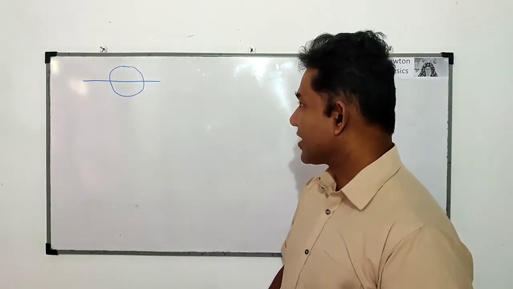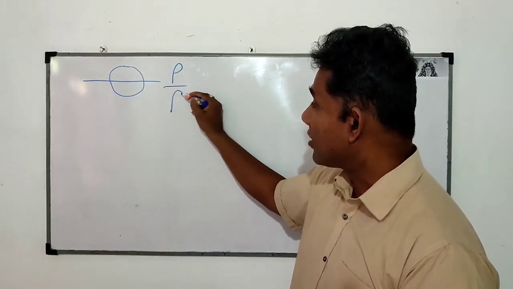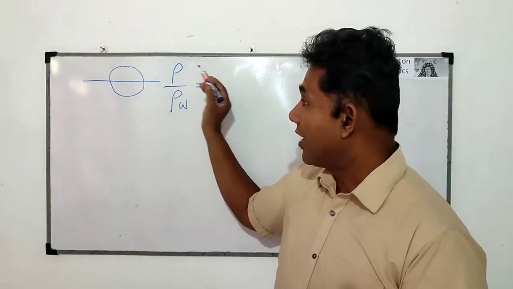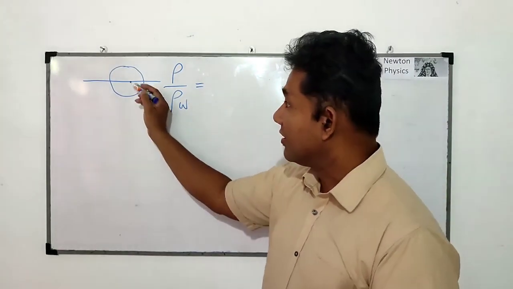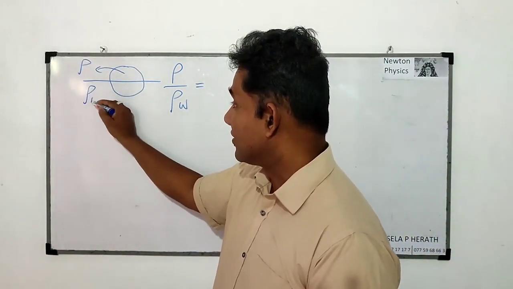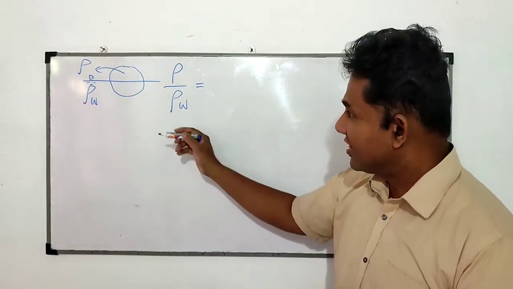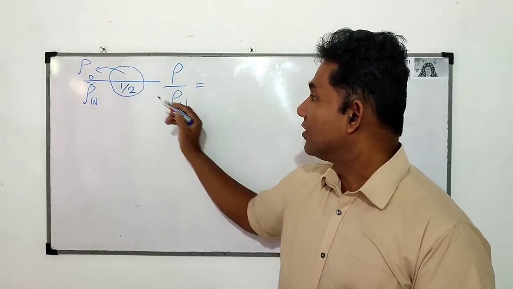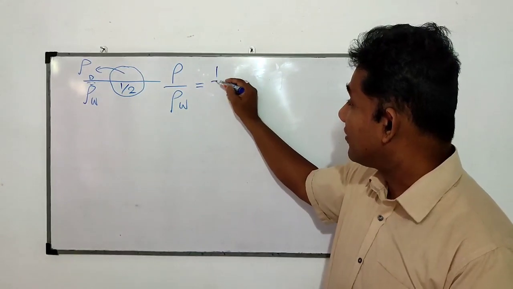Since the fraction is half, I need to find rho divided by rho w, where rho is the density of this substance and rho w is the density of water. That means I am taking the relative density of this object. Since the fraction is half, the relative density is half.